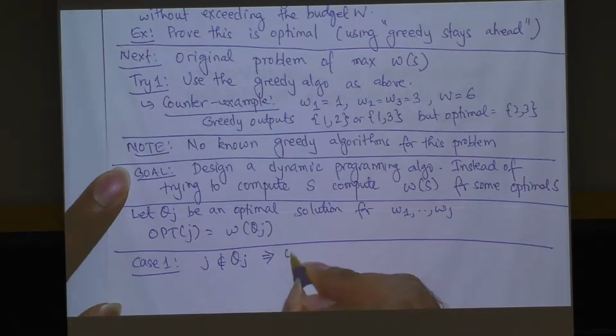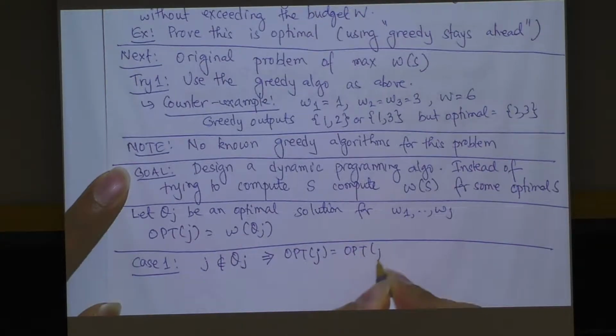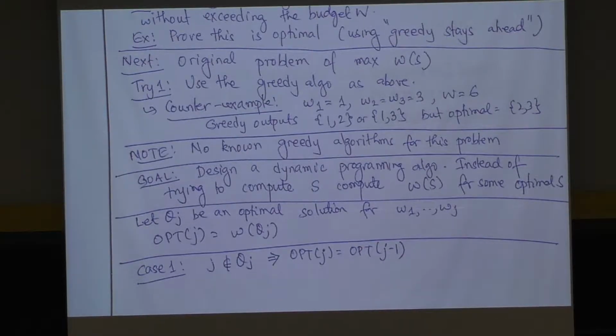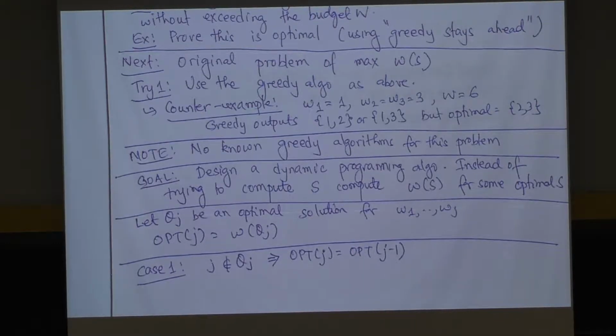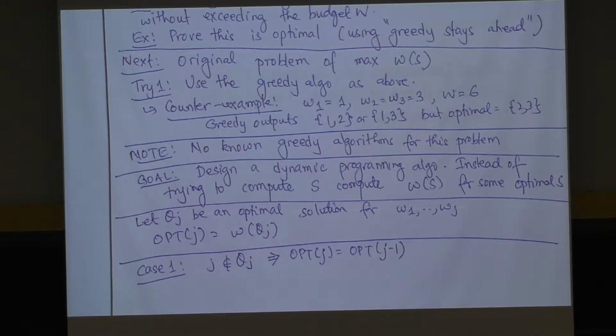In this case, I claim that this is also an optimal solution for the smaller problem where you don't include the last guy. And the argument will exactly be the same as we did for the weighted interval scheduling problem. We're going to say for the sake of contradiction, let's assume there is a strictly better solution from 1 to j minus 1, and then we'll observe that you can use that for a solution from 1 to j as well.